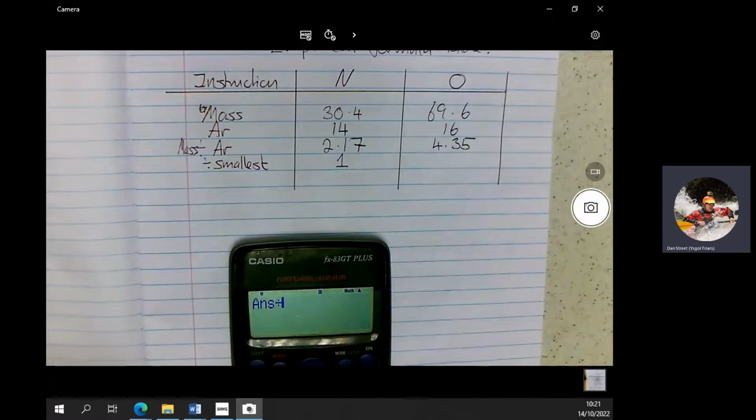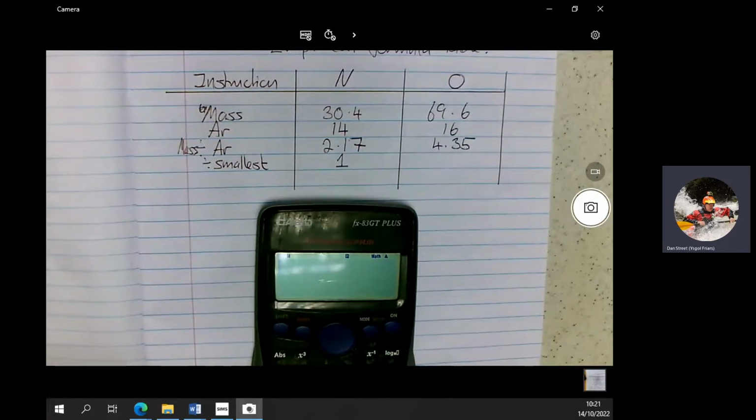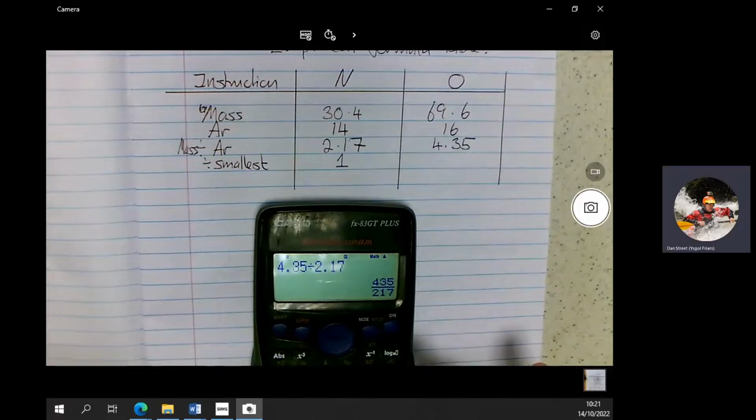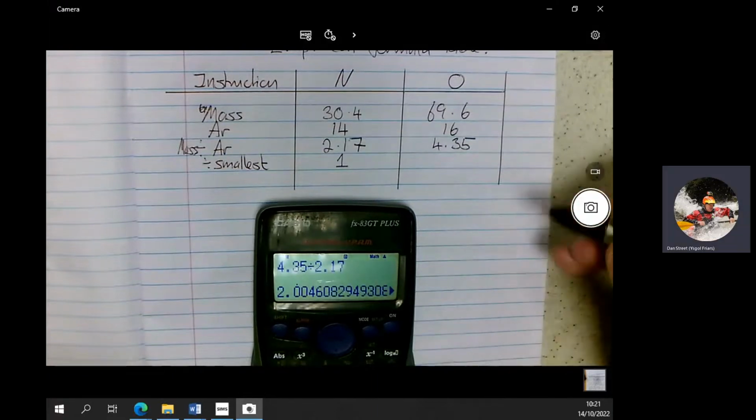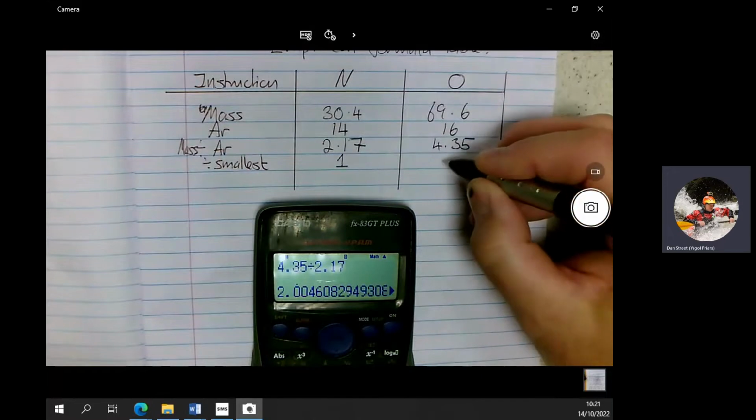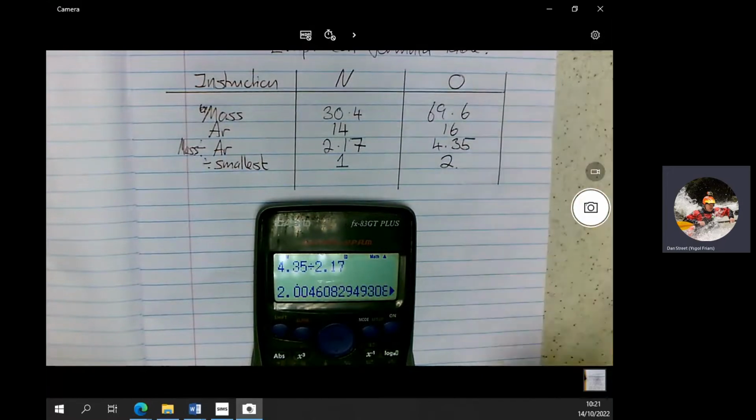And then 4.35, you can probably work out what the answer is going to be, but we'll go through the process on the calculator. 4.35 divided by 2.17 is 2.004, okay, which is to all intents and purposes 2.